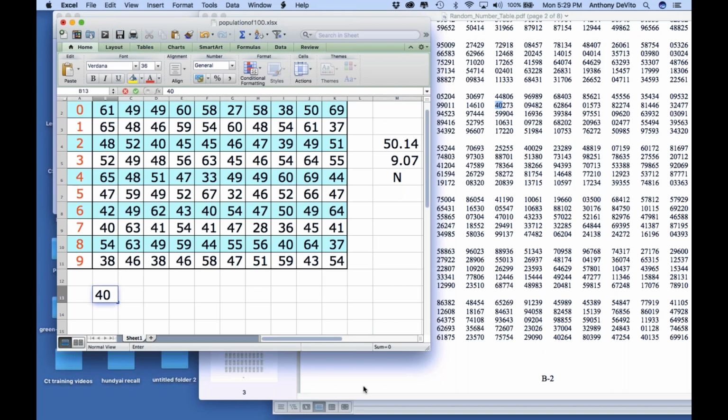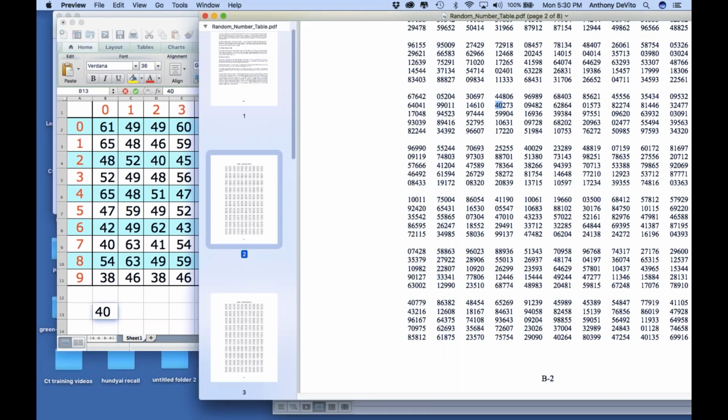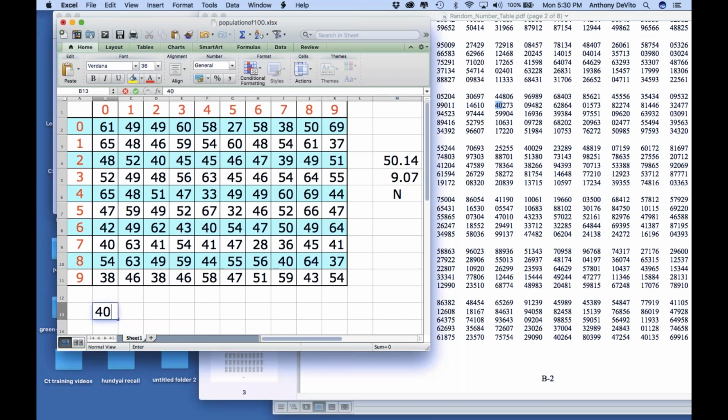Okay, 40, 27. So we don't use the book table, we just use this table. You're going to use this table to get the row and column numbers, then go over to the Excel file.